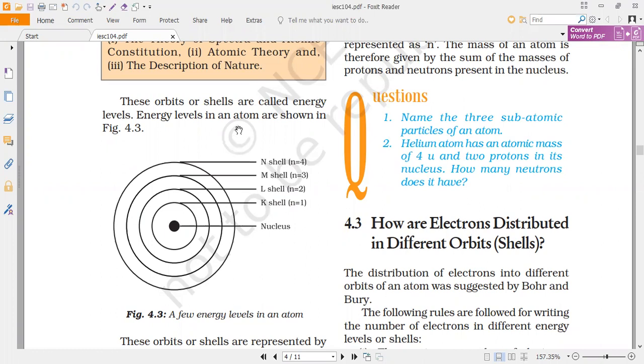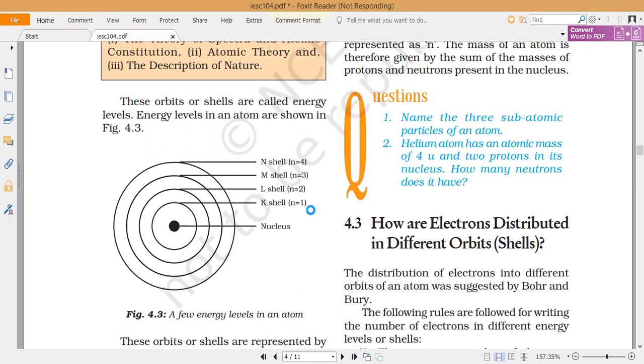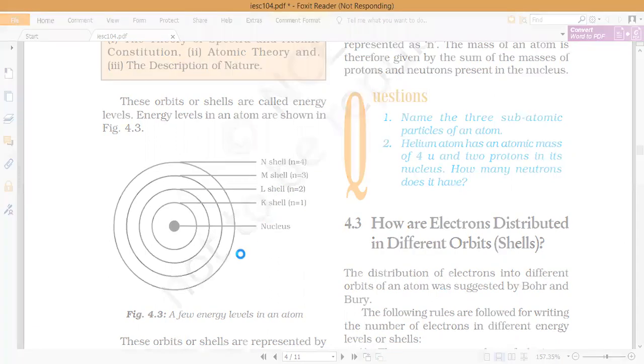Till now, the elements known do not go beyond K, L, M, N. If you want, you can put K, L, M, N, O, P after that, or we can represent them with 1, 2, 3, 4.